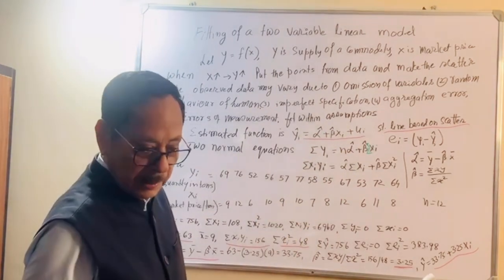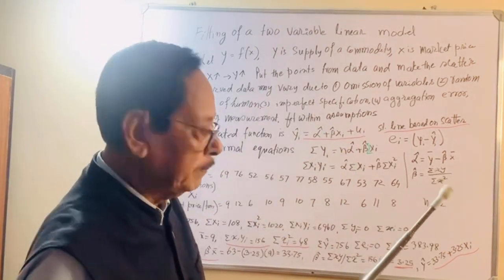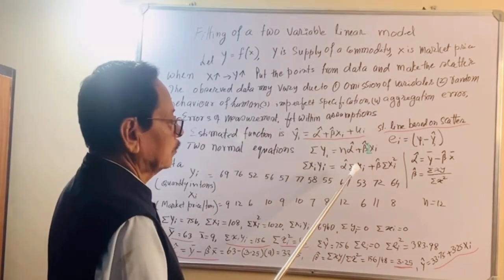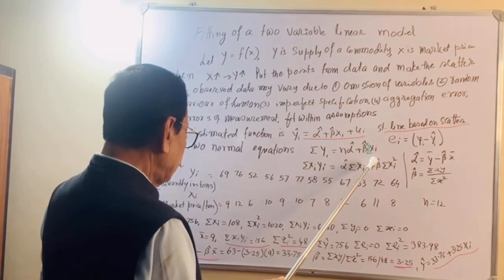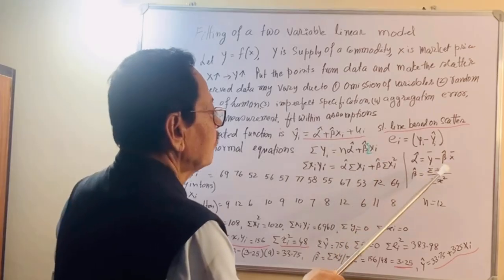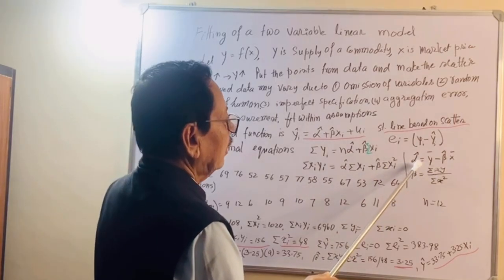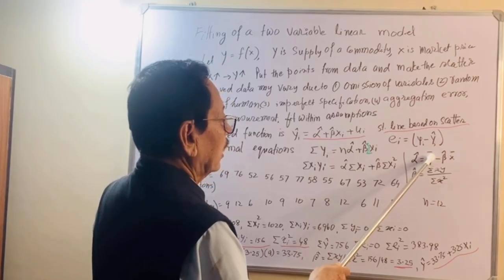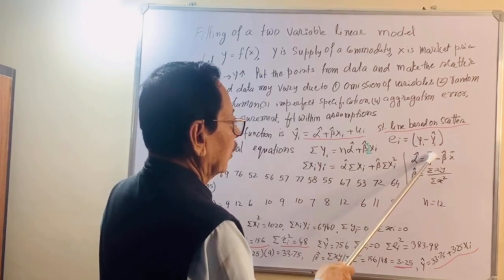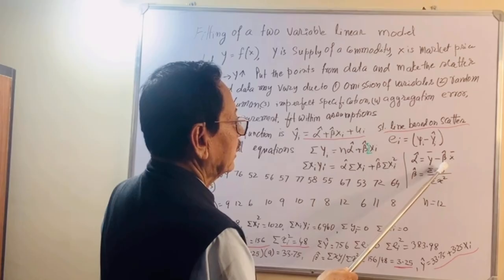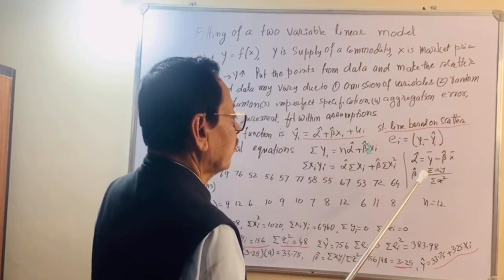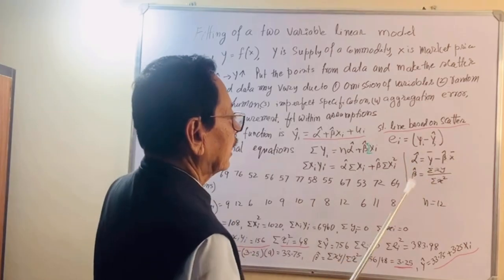Or if we use the deviation form, ultimately alpha head will be y bar minus beta head x bar.